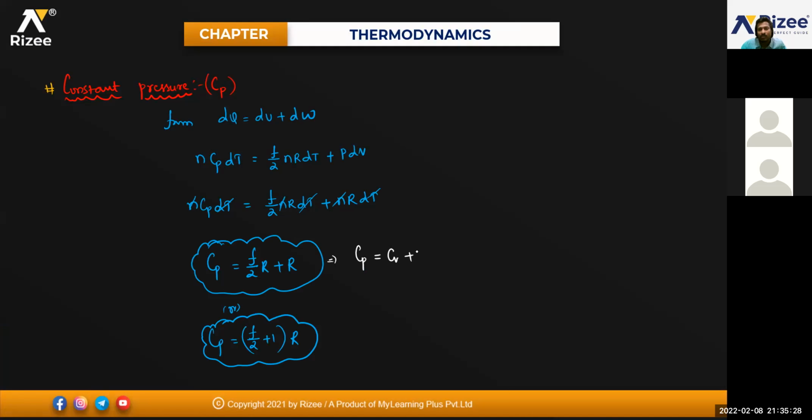So this will be Cv plus R. So from this one, I can write Cp minus Cv is equal to capital R. This one is known as Mayer's formula. Cp minus Cv is equal to R is Mayer's formula, per definition. Clear for everyone, beta? So Cp is equal to F by 2 plus 1 into R.